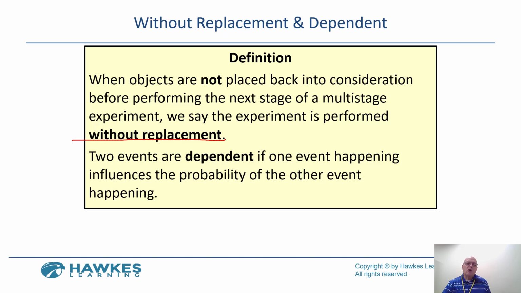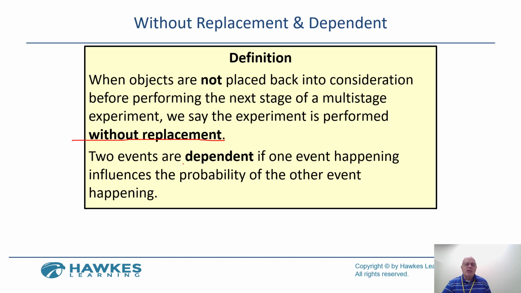When we pull the first card out of a normal deck, we have 52 cards to choose from. If we don't put that card back in, then when we make the second selection, we won't have 52 cards to choose from, we'll have 51 cards.